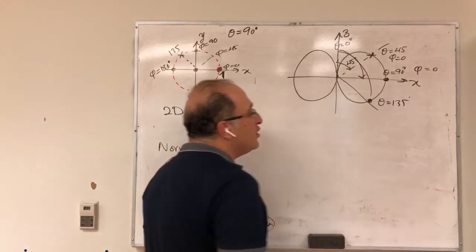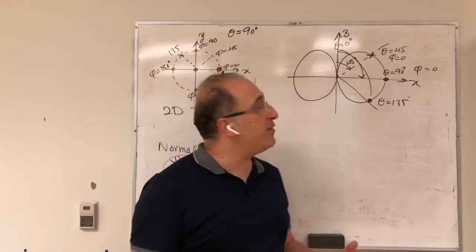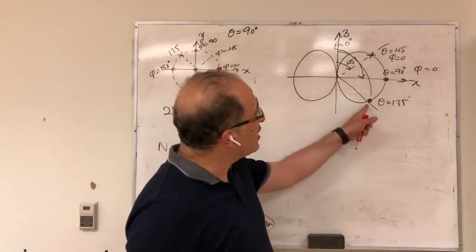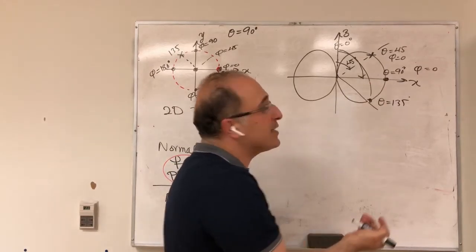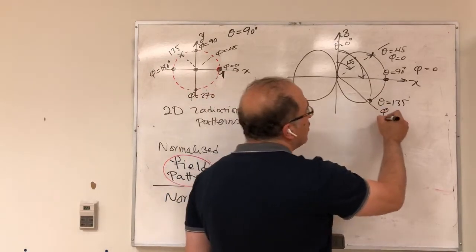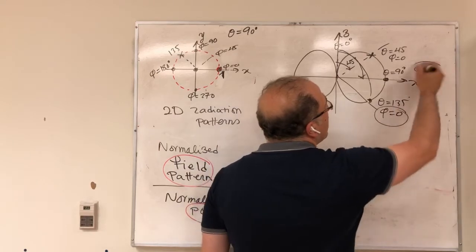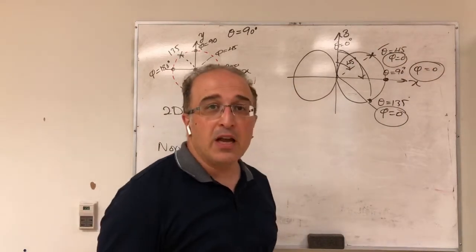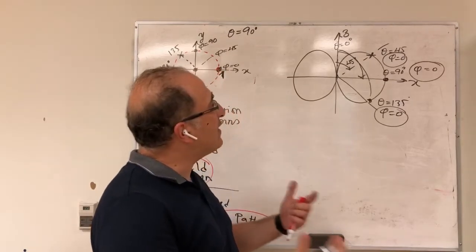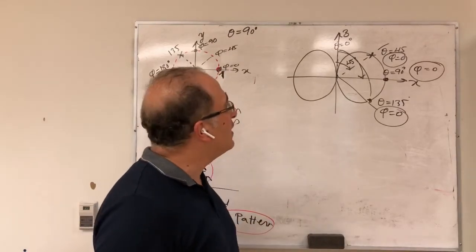But remember, not any 135, it is a cone again. But you're talking about one specific one, the one that's just below the x-axis, which is phi 0 again. So you see here, this phi doesn't change. You're changing your theta. So this is at different angles. This is your radiation pattern.